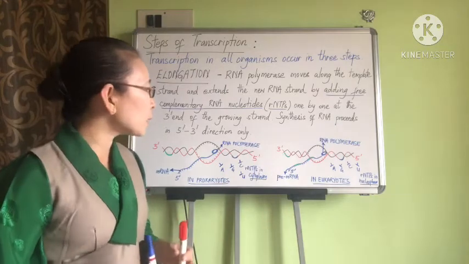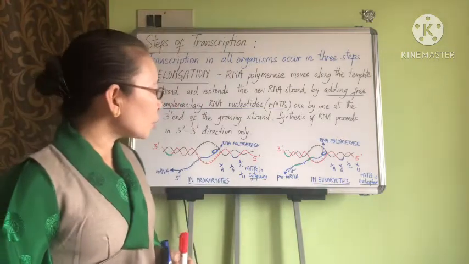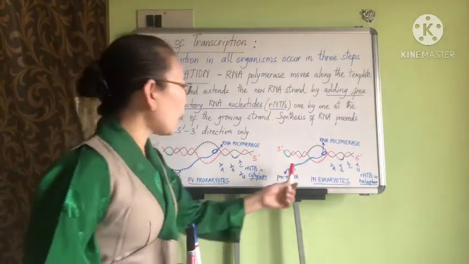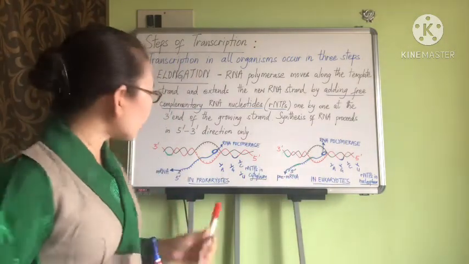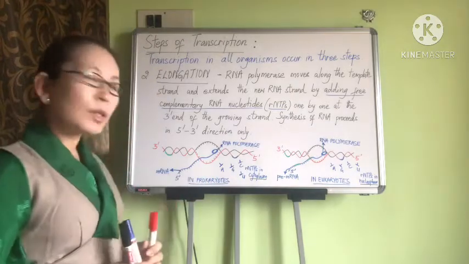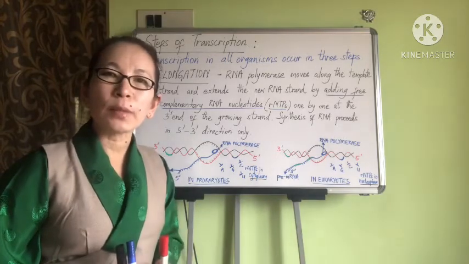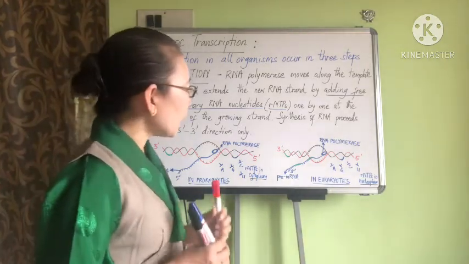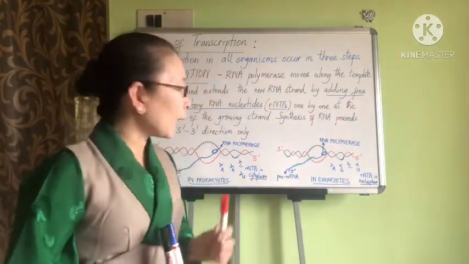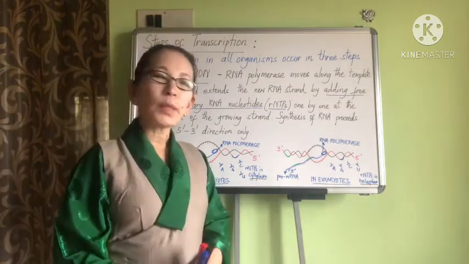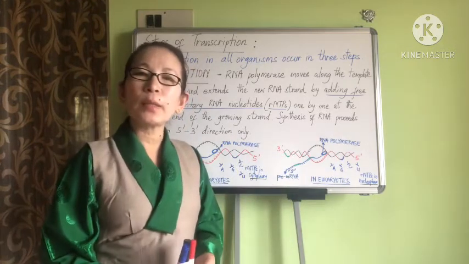Even though the basic mechanism of elongation is the same in both prokaryotes and eukaryotes, you can observe a difference in the RNA transcript. The RNA transcript produced in prokaryotes is called a mature mRNA, or an uninterrupted transcript. The RNA transcript obtained in eukaryotes is called a pre-mRNA, or an interrupted transcript. This difference can be directly associated with the difference in structural genes.